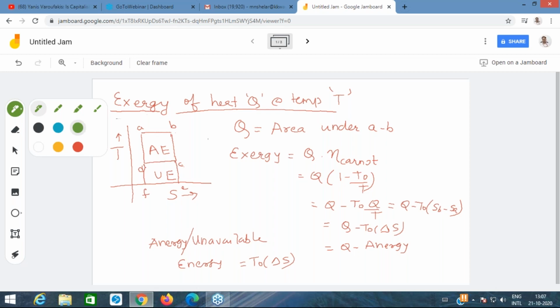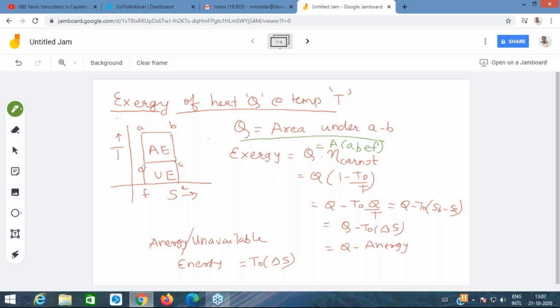Let me use a green, just to highlight the area under A to B. This total area under A to B means area ABEF, this area is the heat which is supplied. This is the heat whose exergy is to be found out. That is A, B, E, F, right?